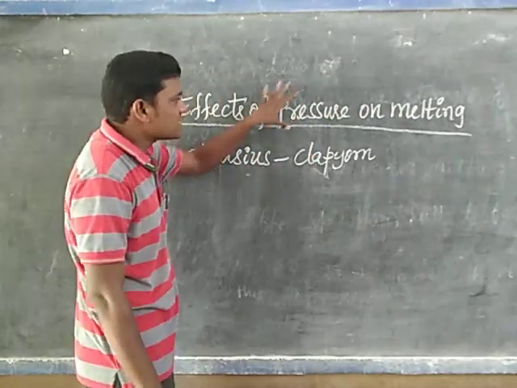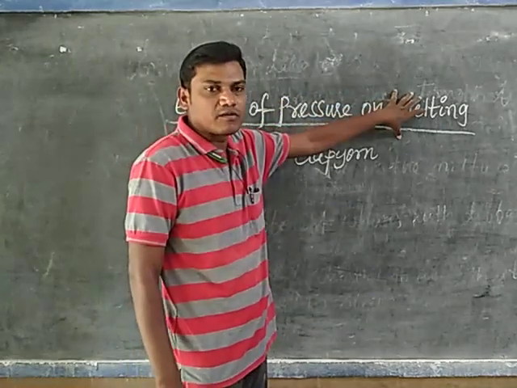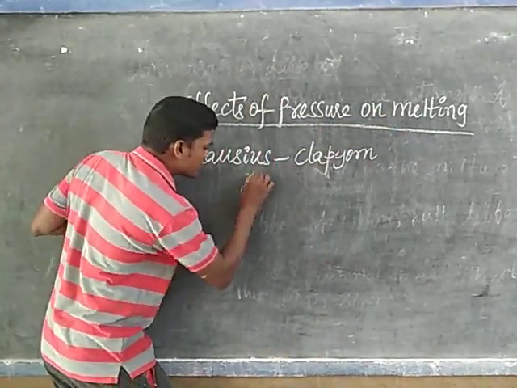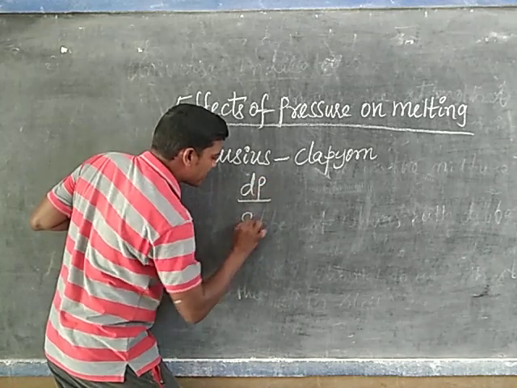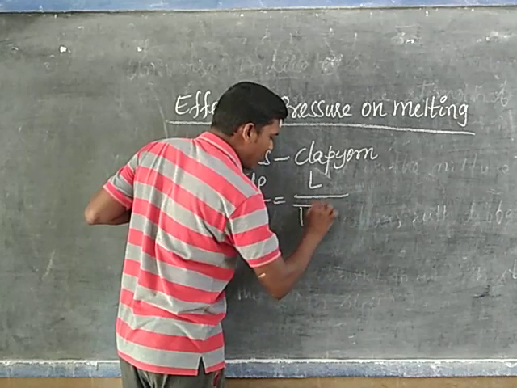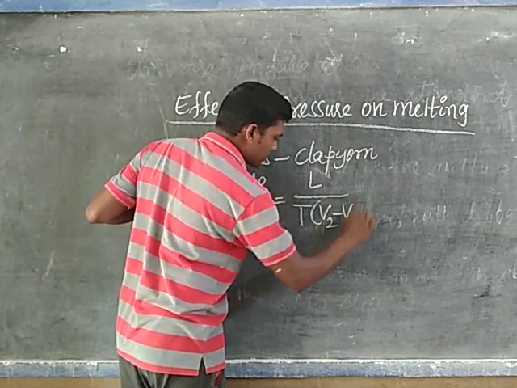That means if the pressure increases, what happens to the melting of substances? So what is that equation? dP by dT is equal to L by T of (V2 minus V1).